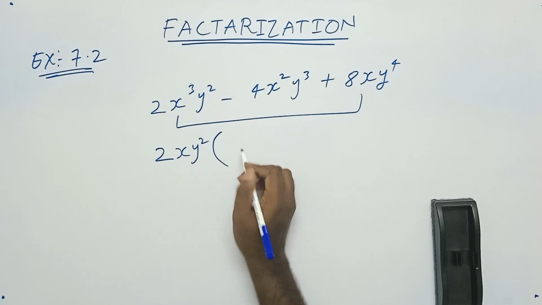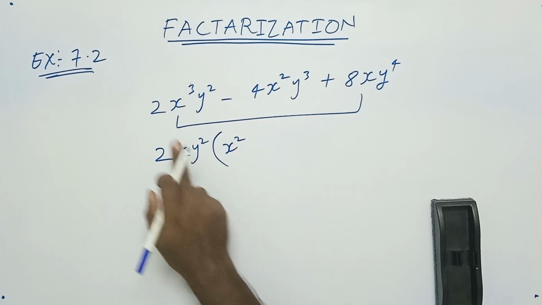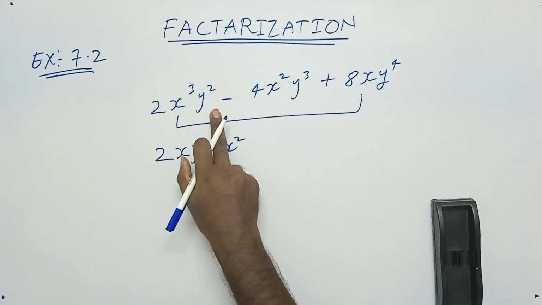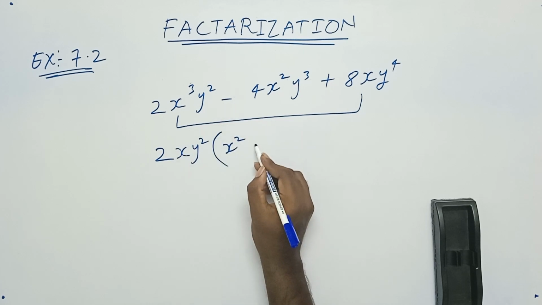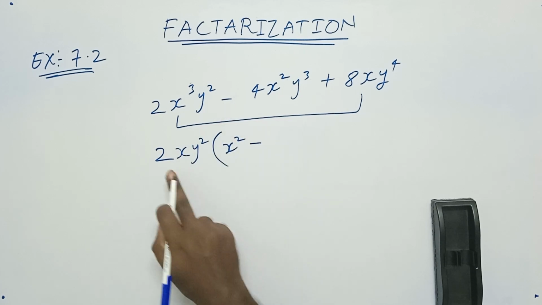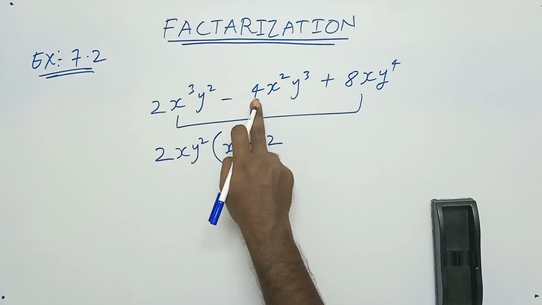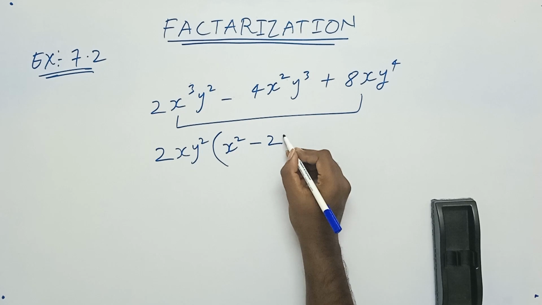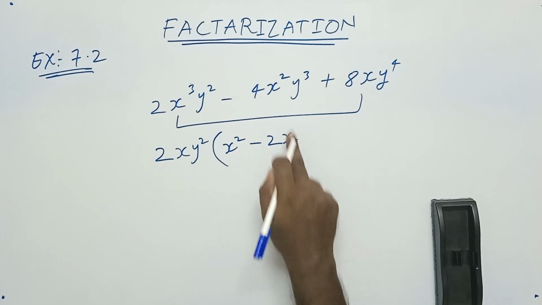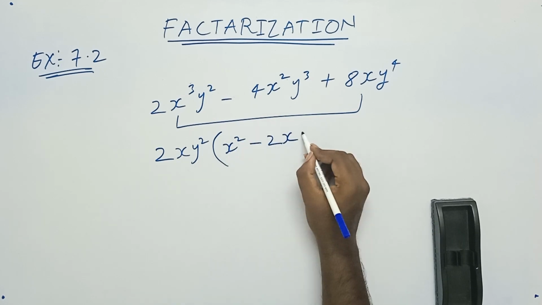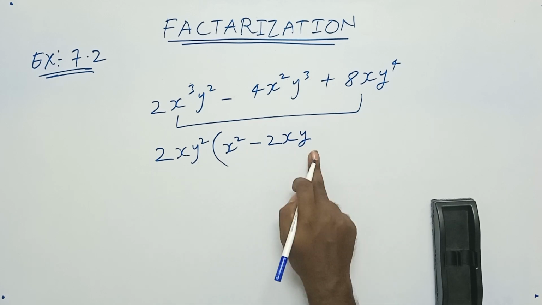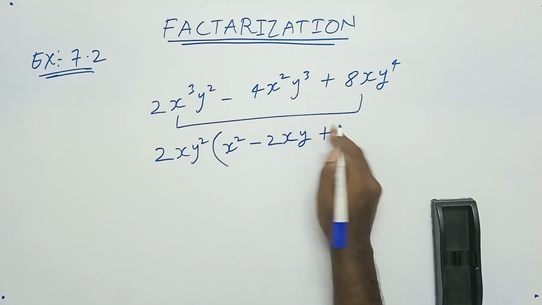2xy square times x square is 2x cube y square, right? So then we have a minus sign. We're going to keep the minus sign. So 2 2s are 4. X into x is x square. Y square into y is y cube. Next we have a plus sign.